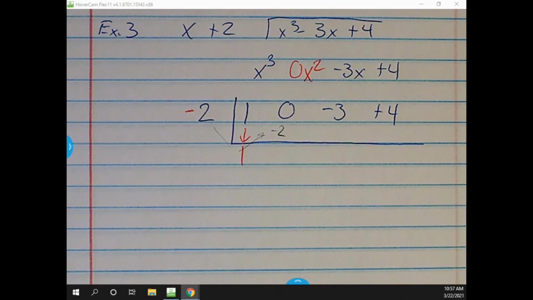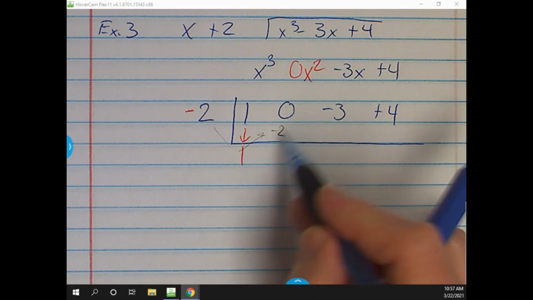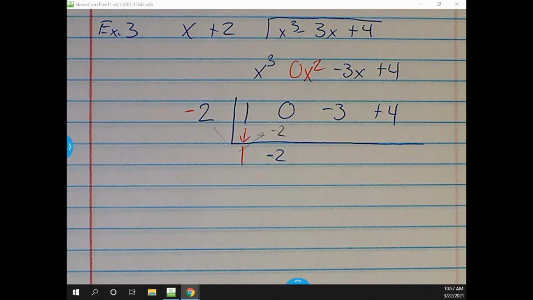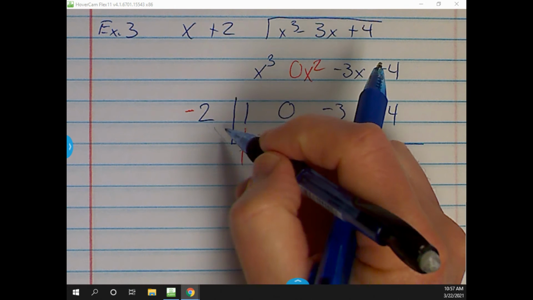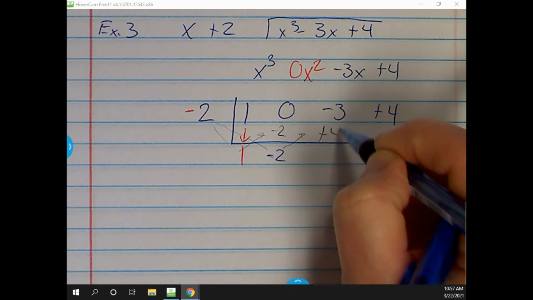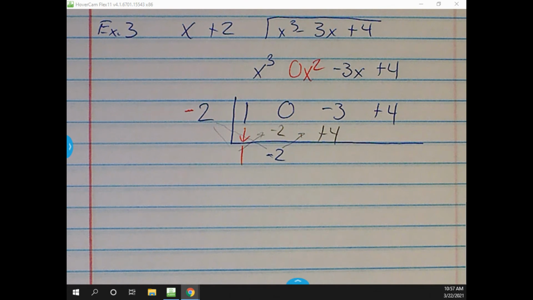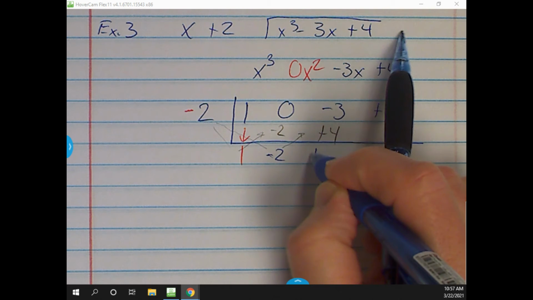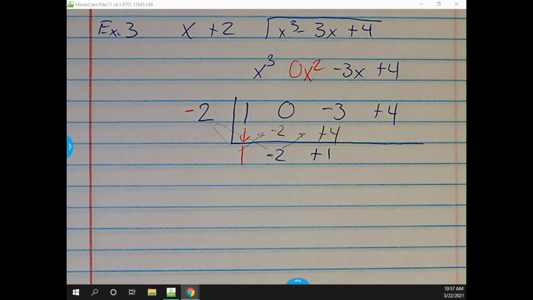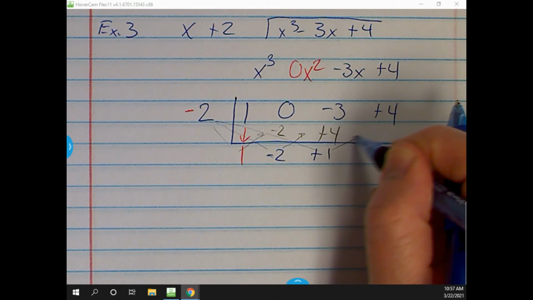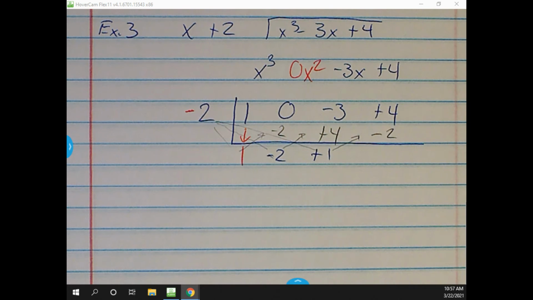The good news is with the 0, it doesn't change anything. So if this is 0 minus 2, that's still going to stay as a -2. So now we're doing -2 times -2, which would be a +4. And then 4 minus 3, or -3 plus 4, that's going to make that a +1. So then we're doing -2 times a +1, which is a -2. And then 4 minus 2 is +2.